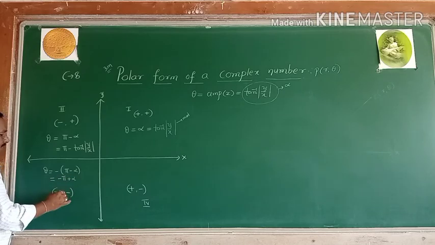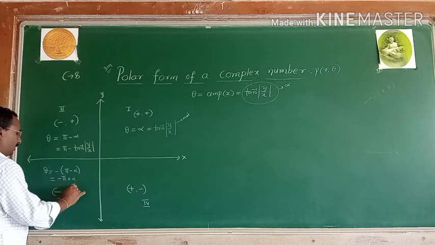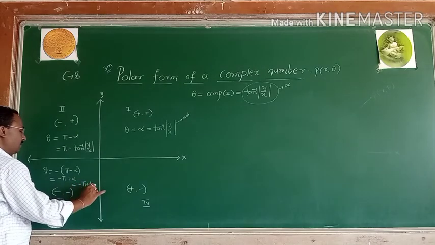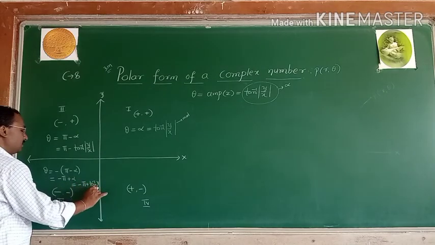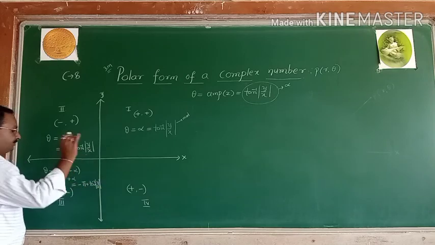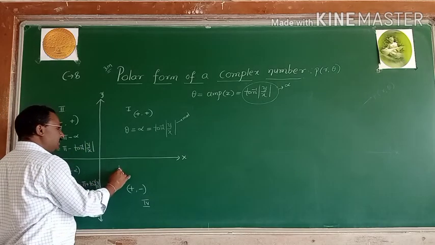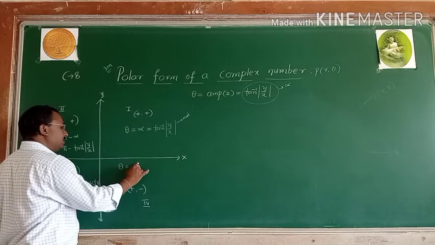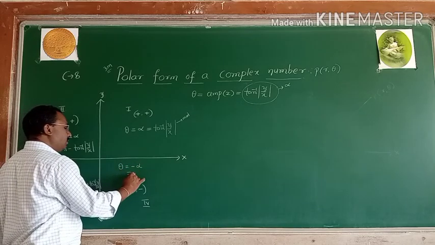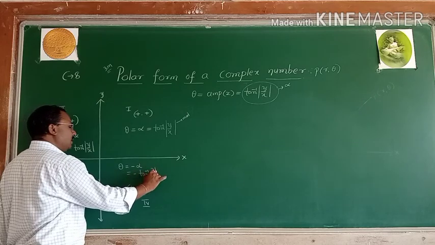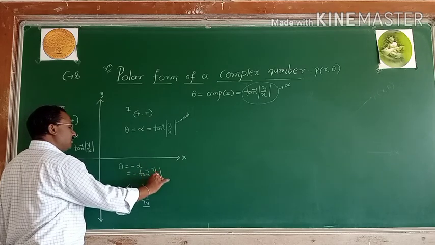This can be written as minus pi plus tan inverse y by x and its modulus. Next, in the fourth quadrant, theta is equal to minus alpha, which is minus tan inverse y by x and its modulus.